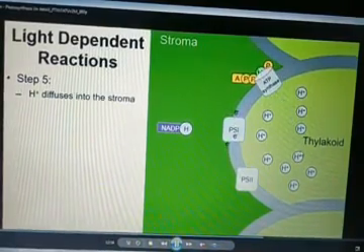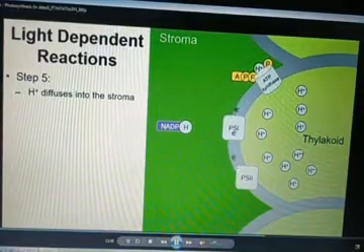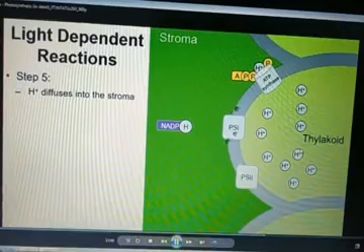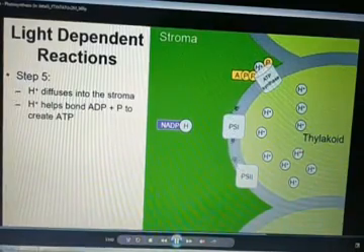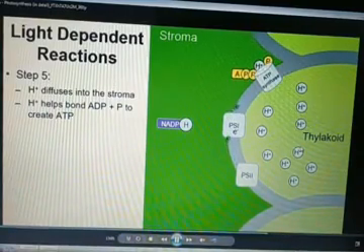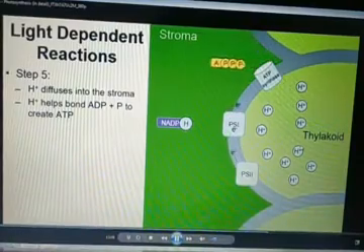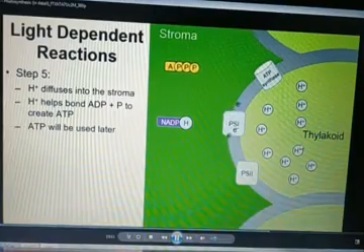You can see here the ATP synthase enzyme. As they diffuse through ATP synthase, it helps to bond a molecule of ADP, adenosine diphosphate, with another phosphate to create ATP, that is adenosine triphosphate.